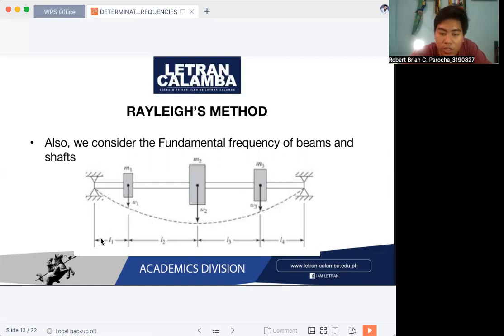It also covers length 1 from this point to mass 1, and each of these masses has an equivalent length.